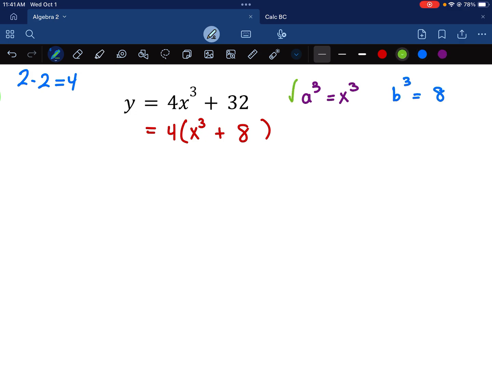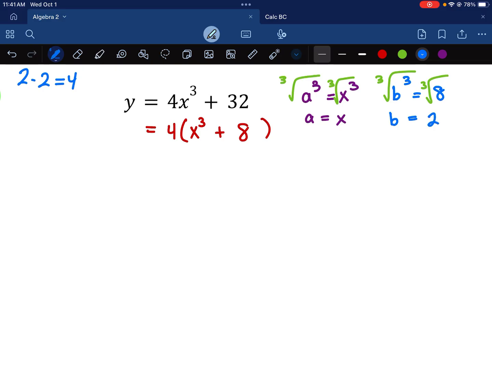And again, we're going to cube root both sides of each little mini equation we just did. So we know the cube root of a to the third is a. The cube root of x to the third is x. The cube root of b to the third is b. And we just learned that the cube root of 8 is 2.